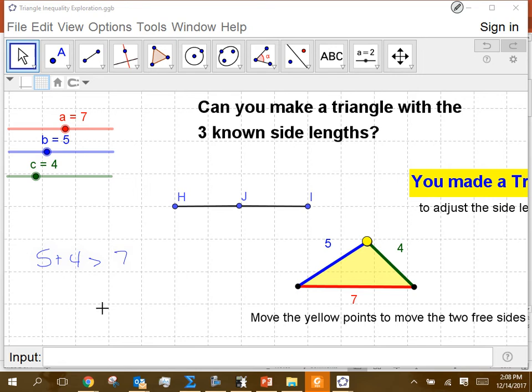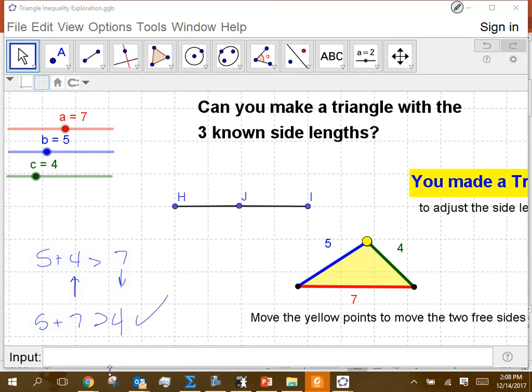Now let's say that instead of 5 and 4, we make this number go up to the 7, and I'm adding 5. The only thing that could be over here then is this number going down. So on the sum side, I made a number go up, and on the total side, I made a number go down. Doesn't that mean that it is going to have to be true regardless?